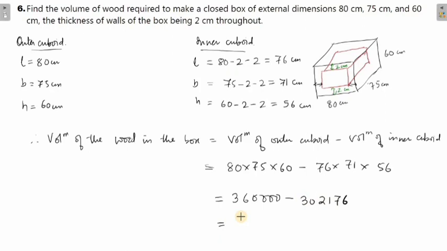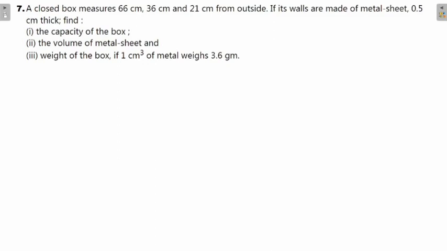The difference turns out to be exactly 57,824, and since this is volume, your unit is going to be centimeter cube. So you may pause the video and note down your solution. Let's have a look at the next question.